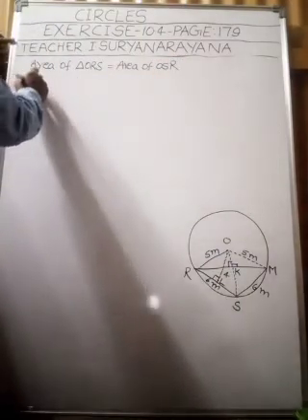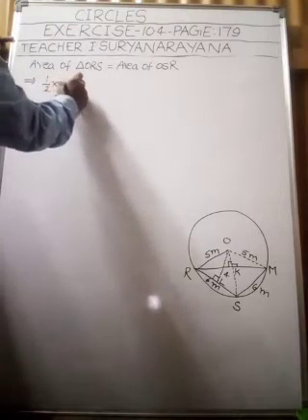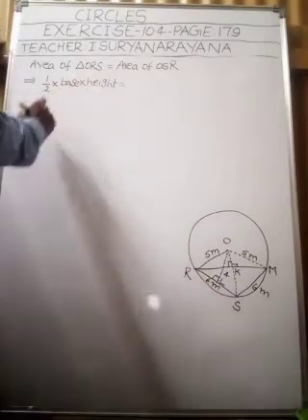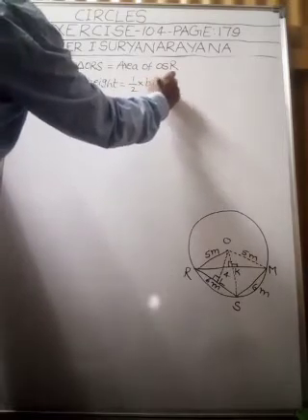Okay, my children. What is the formula? Half into base into height. Here also it is half into base into height.